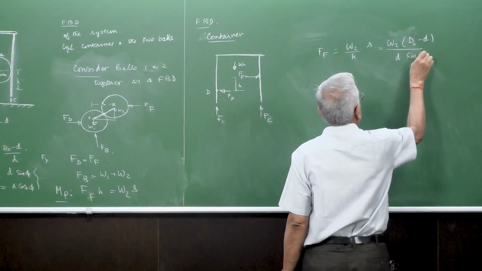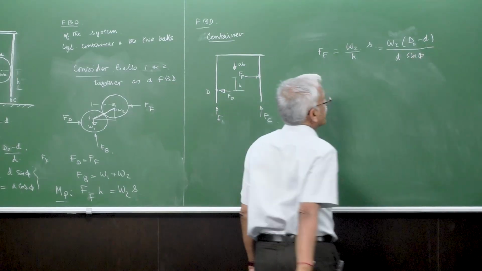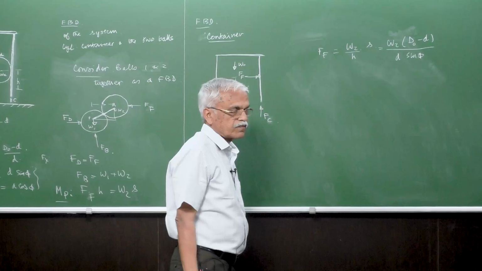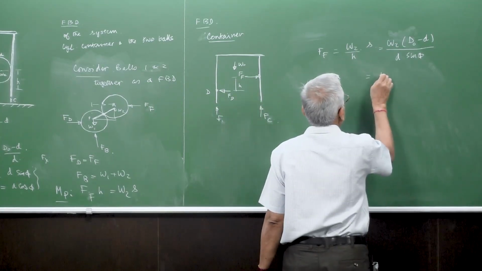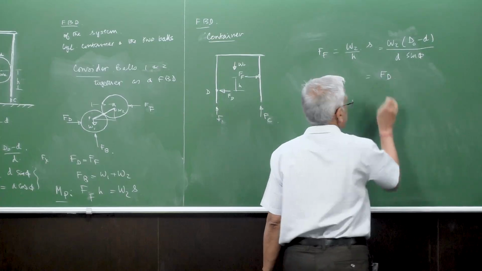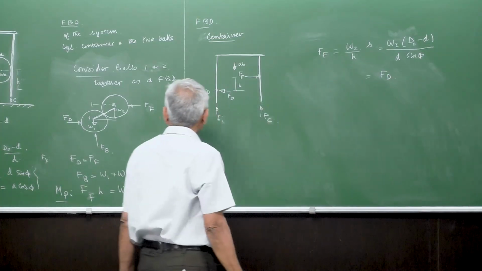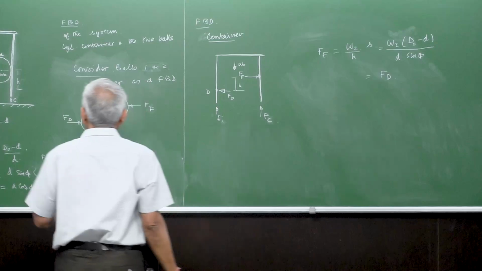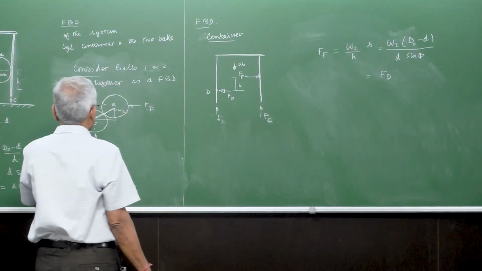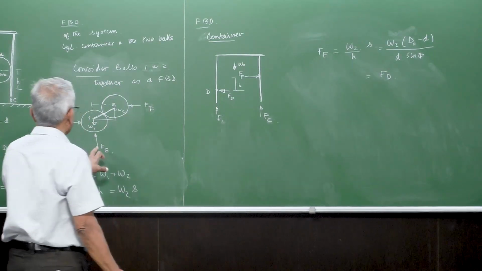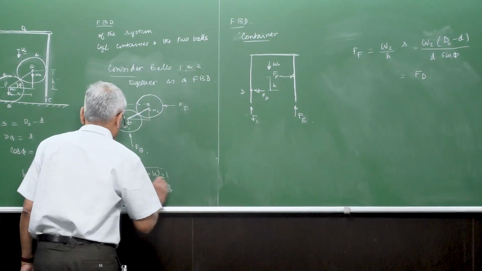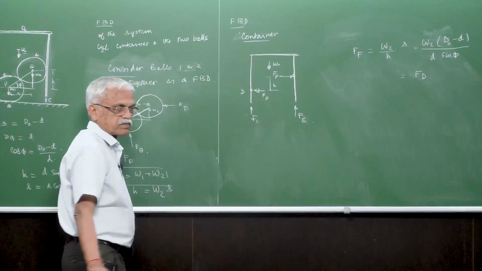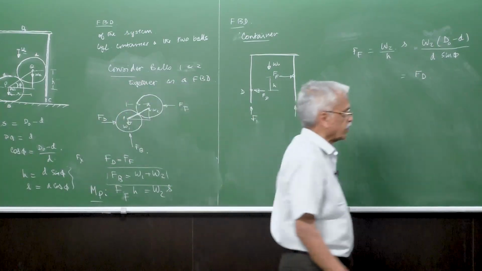Okay, so this is about FF, which is also equal to FD. So we have FD, we have FF. If you want, we can also find FB. FB is nothing but W1 plus W2. So we have solved it to some extent.